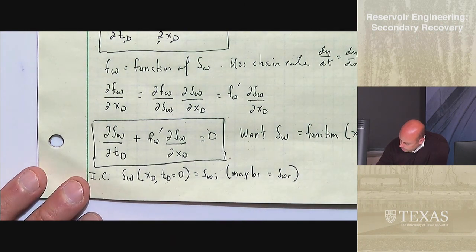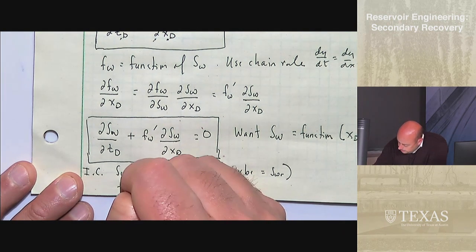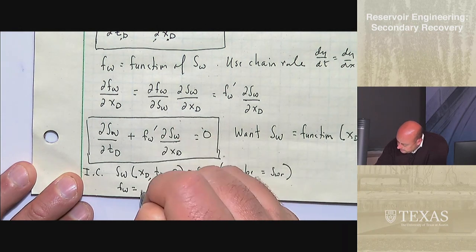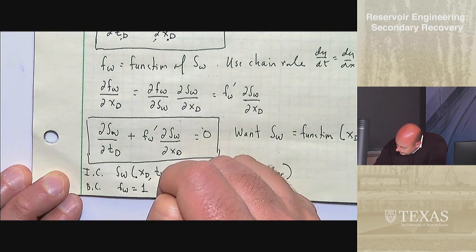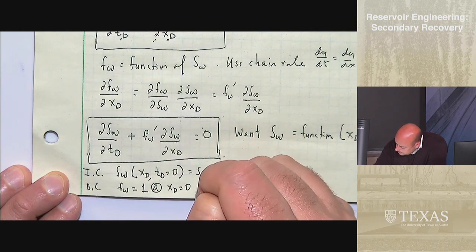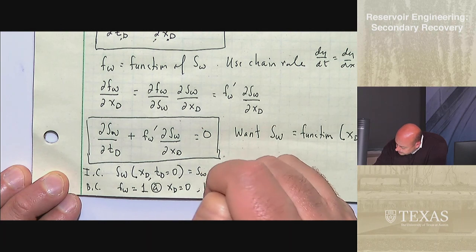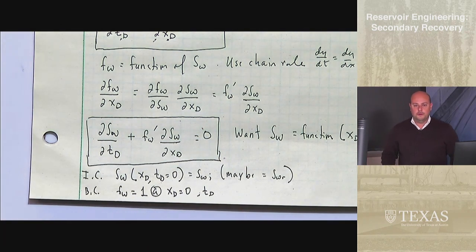Then we have a boundary condition that says at the inlet, fw is equal to 1 at xD equal to 0 and at all times. So at the inlet, you're injecting 100% water, so the fractional flow is 1.